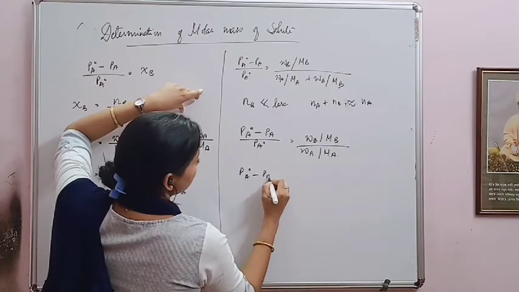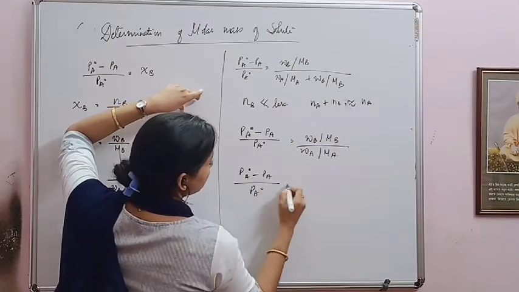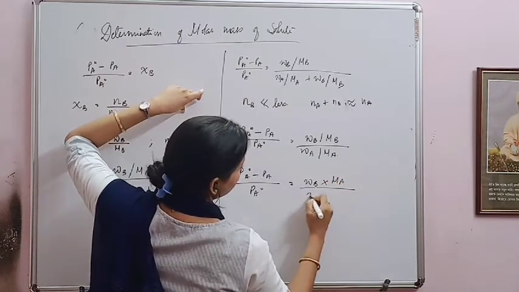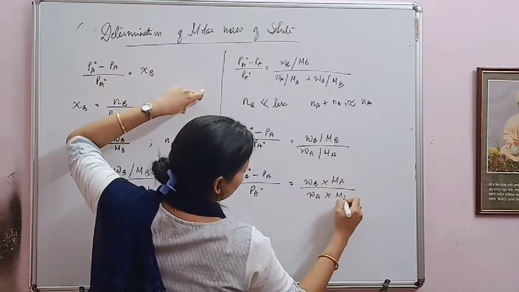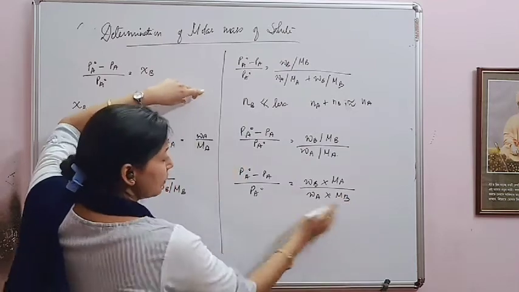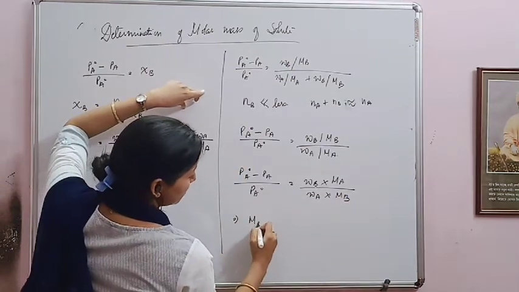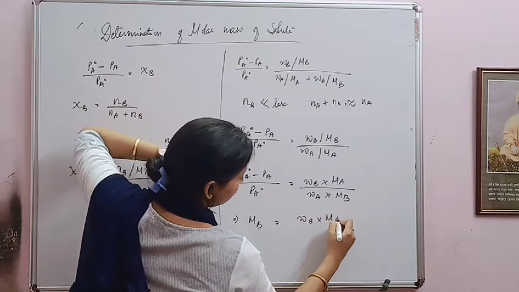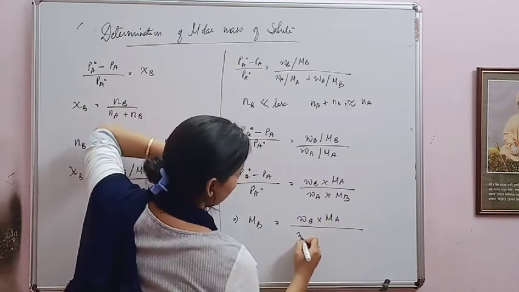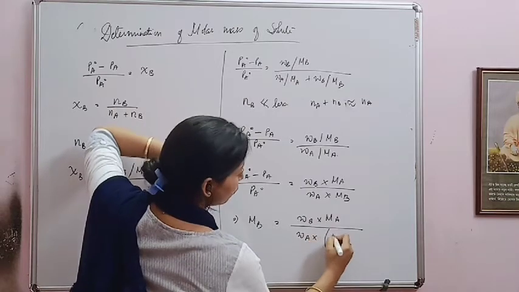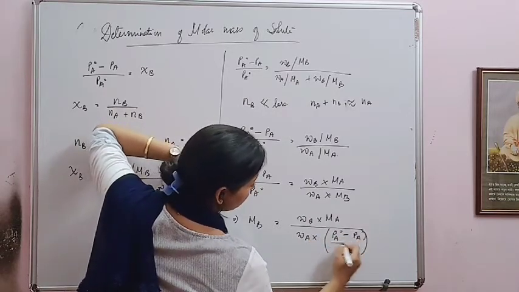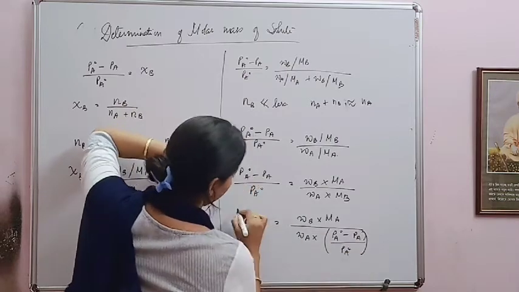So let's put this up. PA naught minus PA by PA naught is equal to WB into MA divided by WA into MB. If I bring the molar mass of the solute to this side, it will be written as MB equals WB into MA divided by WA into (PA naught minus PA divided by PA naught).